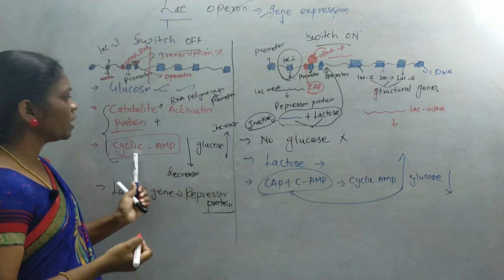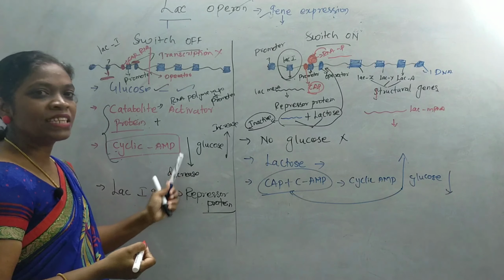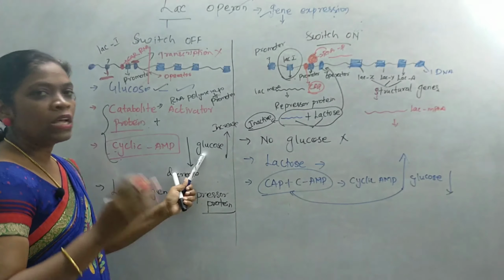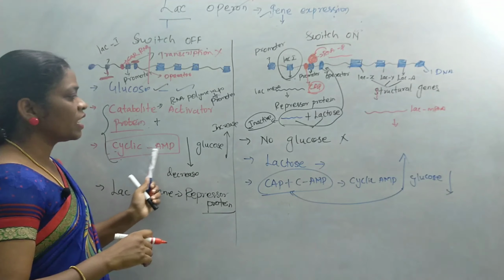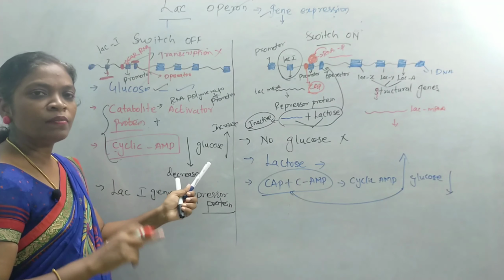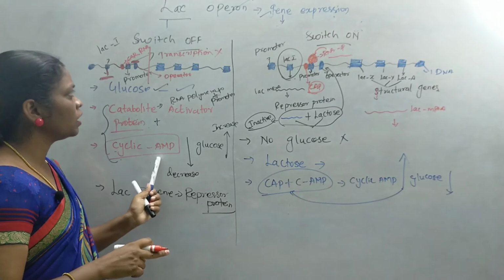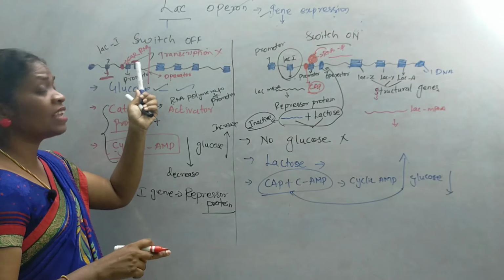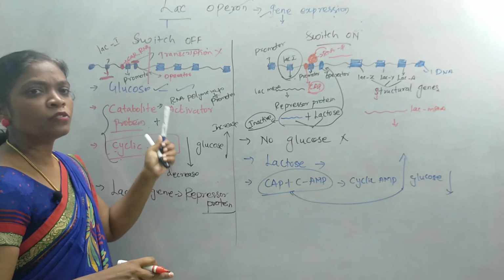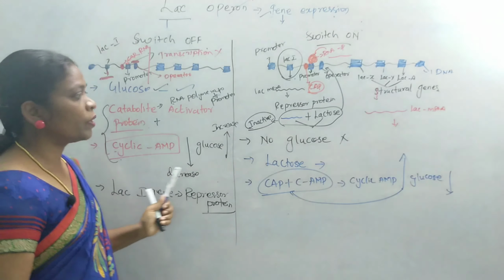But when you compare, the cyclic AMP level decreases when the organism has glucose. So this will not initiate the RNA polymerase to come and bind with the promoter sequence.